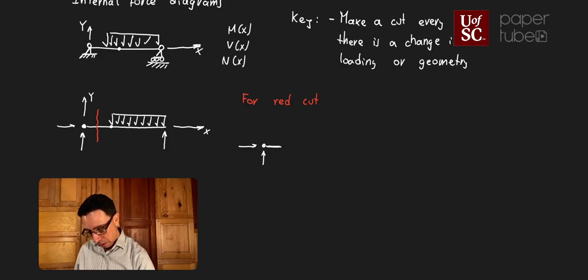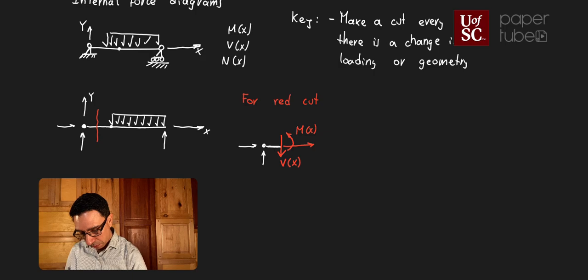So I'm going to see my shear force. Remember, my positive shear force by definition is going down, right? So it's going to be my shear. Now this is going to be a function of x, right? It's a function of x. My bending moment, a function of x as well. And my normal force, which is also a function of x.